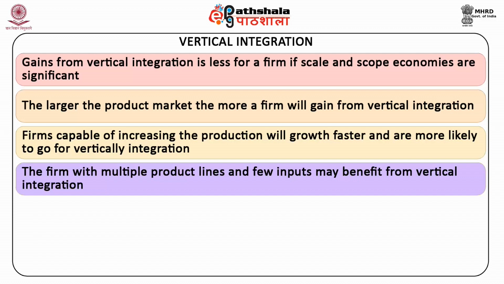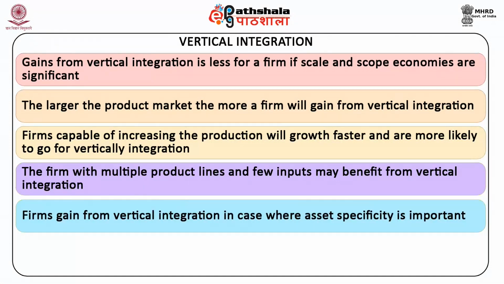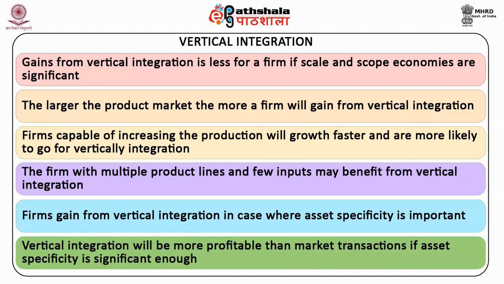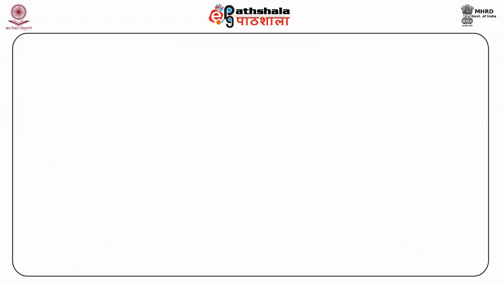Next, the firm with multiple product lines and few inputs may benefit from vertical integration. The firms gain from vertical integration in cases where the asset specificity is important. And lastly, vertical integration will be more profitable than the market transactions if the asset specificity is significant enough, even when the production of the input is characterized by strong scale economies.